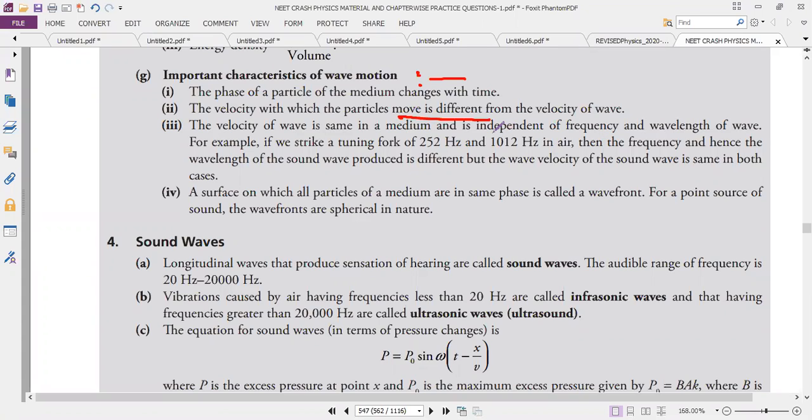It is independent of frequency and wavelength of the wave. Related to wavefront, we will discuss next year. That is a different topic. Wavefront: the source and all particles of a medium in the same phase is called a wavefront.